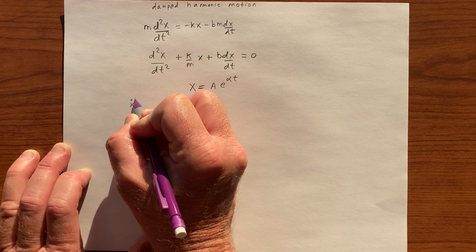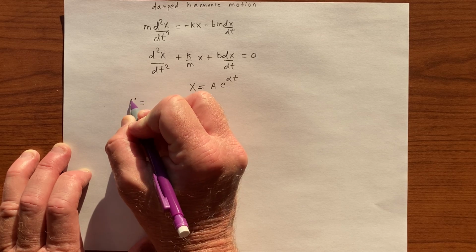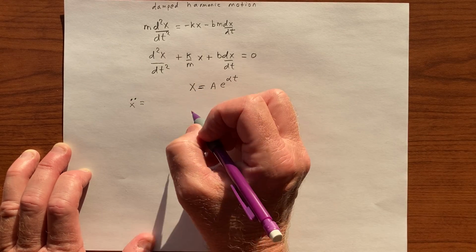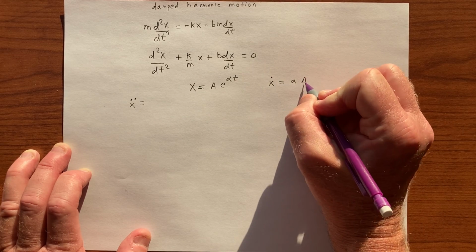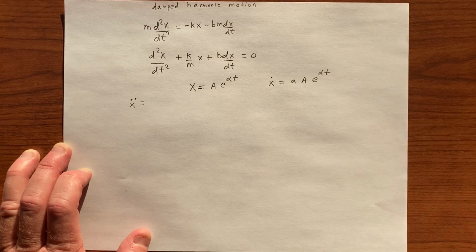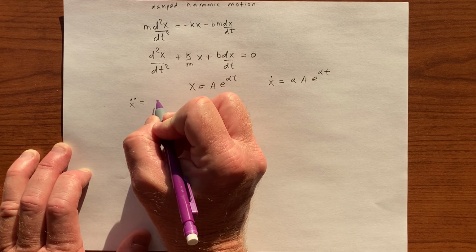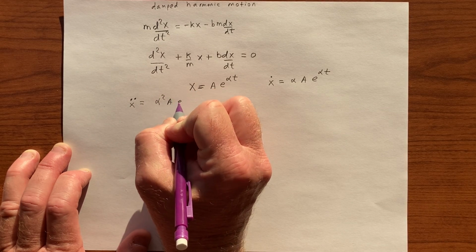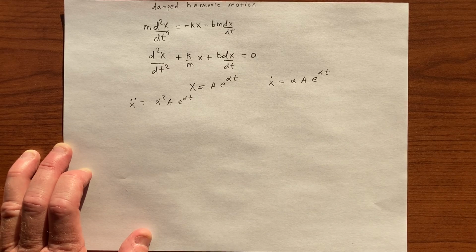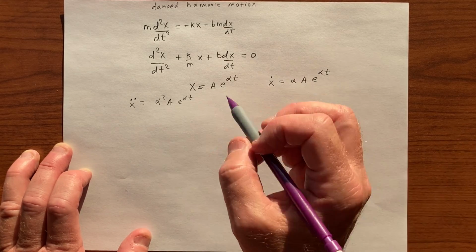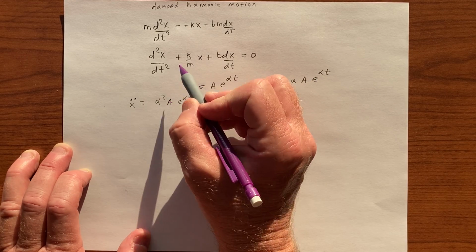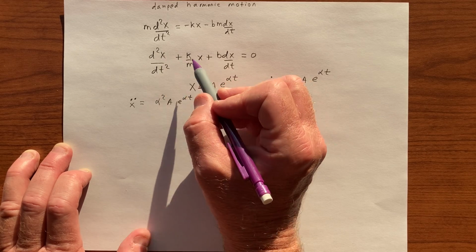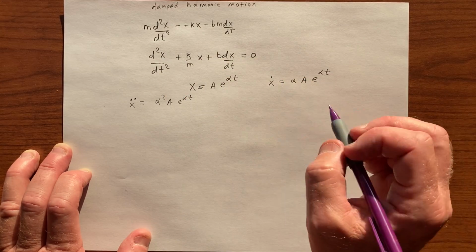Let's look at two derivatives of this. Well, let's do first one derivative, where we have alpha a e to the alpha t. Two derivatives, we get alpha squared a e to the alpha t. And so we'll get a condition on alpha if we plug these into here, right? So x double dot, x dot, and x into there.